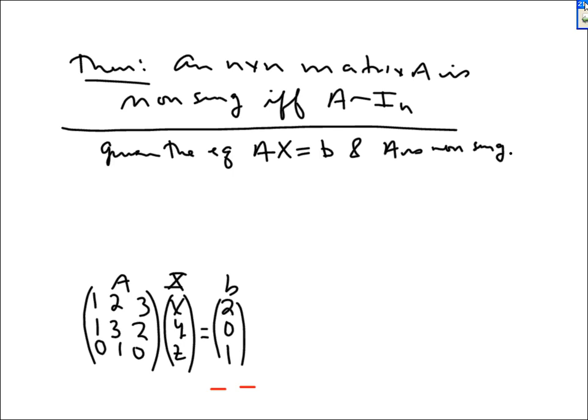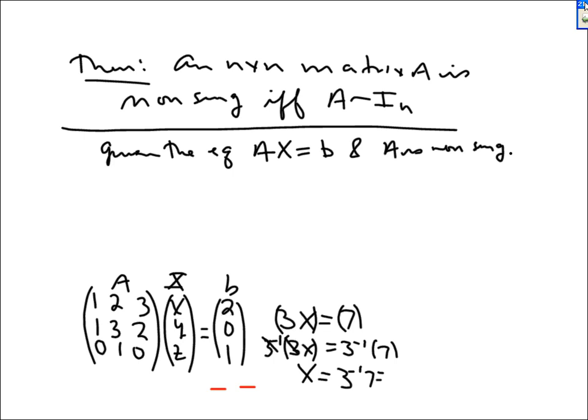Well, in algebra, if you had 3x is equal to 7, you would divide by 3. But that is the same as multiplying by 3 inverse. 3 inverse is 1/3. You multiply by 3 inverse, and 3 inverse times 3 is 1 times x is x. So the answer is 3 inverse times 7, which is 7/3.